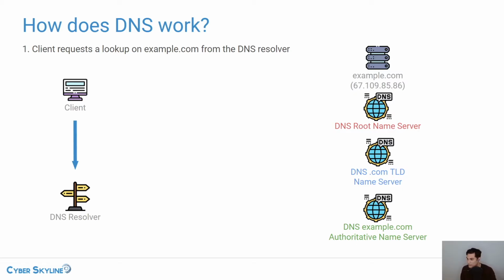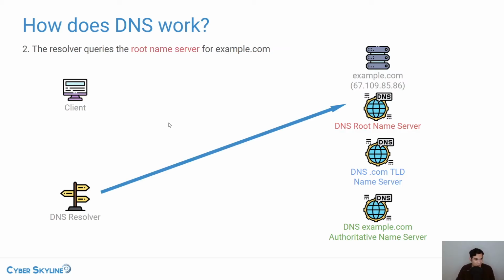In this circumstance, they don't. In this case, they must then ask the root name server for example.com, and the root name server will say, okay, if you want to do a lookup on example.com, you need to go ask the .com server. And now the DNS resolver finds out which servers are responsible for .com.